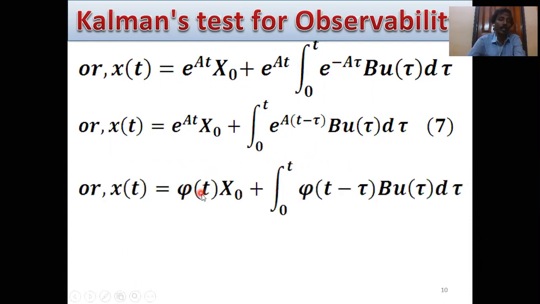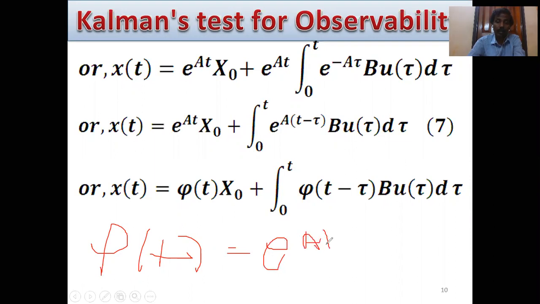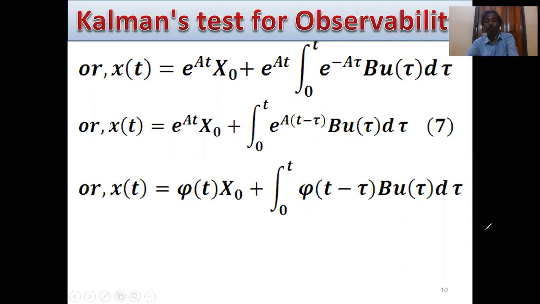So x(t) equals phi(t) x0 plus integral 0 to t of phi(t minus tau) b u(tau) d tau. Because by using the state transition matrix, phi(t) equals e to the power at. So phi(t minus tau) is equivalent to e to the power a(t minus tau).